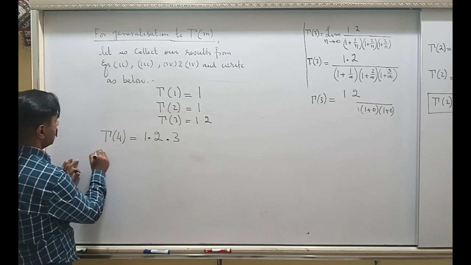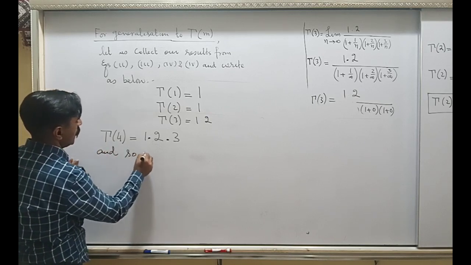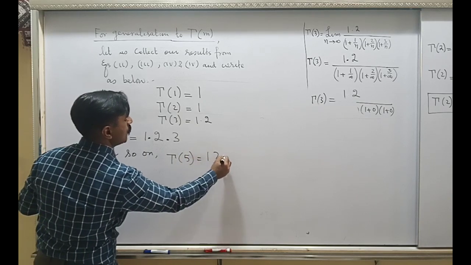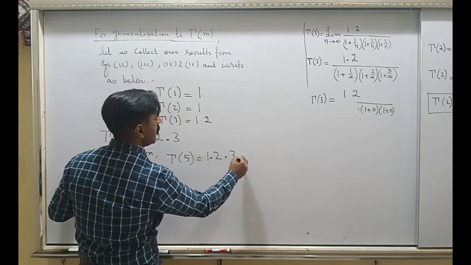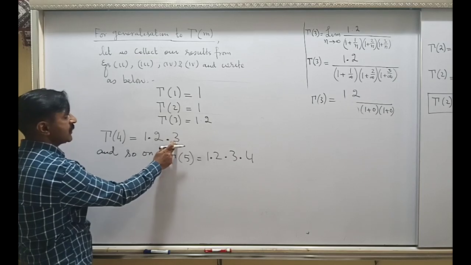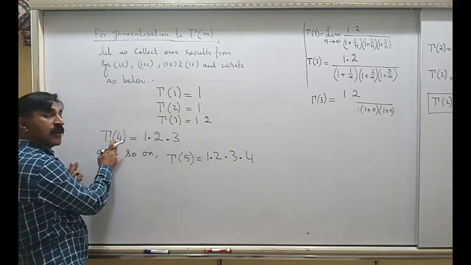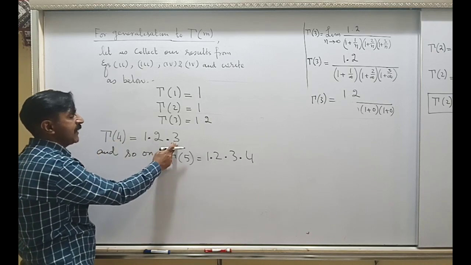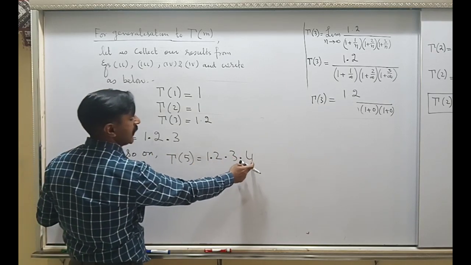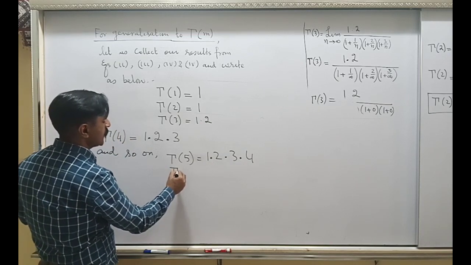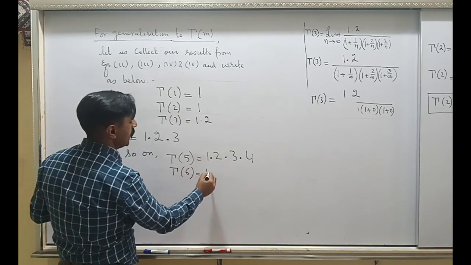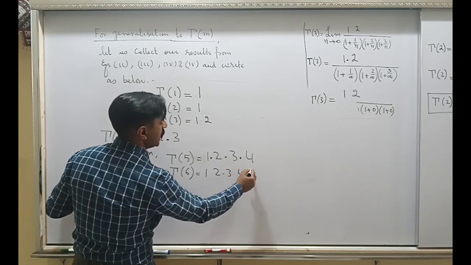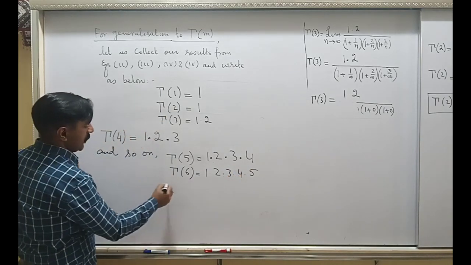And so on. Gamma 5, you can guess, will be 1 into 2 into 3 into 4. The last digit is 1 less than the argument of the gamma function. Gamma 4 ends at 3, gamma 5 ends at 4. And gamma 6 will be 1 into 2 into 3 into 4 and into 5.